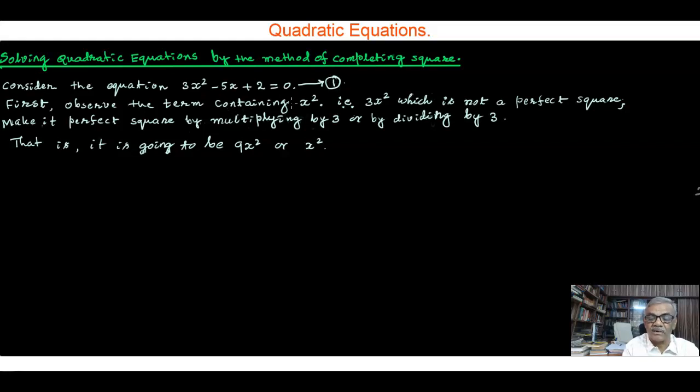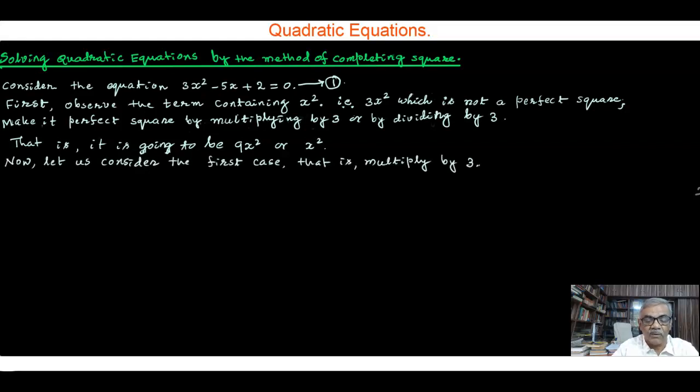First observe the term containing x square, that is 3x square, which is not a perfect square. Make it a perfect square by multiplying by 3 or by dividing by 3. That is, it is going to be 9x square or x square accordingly, whether you multiply it by 3 or divide it by 3.